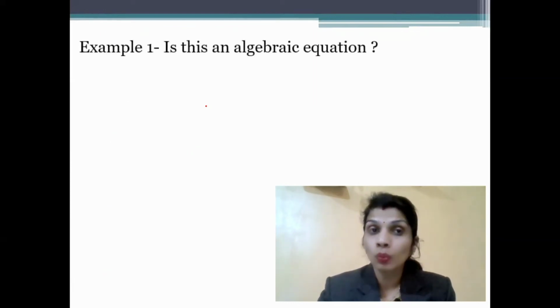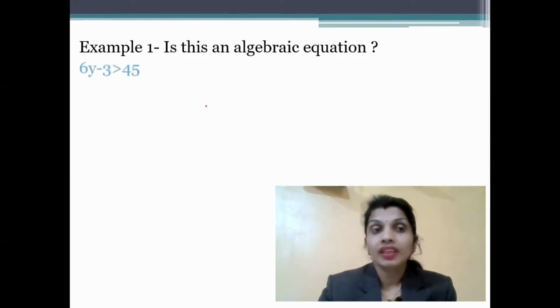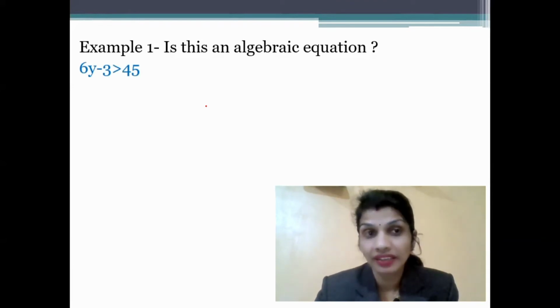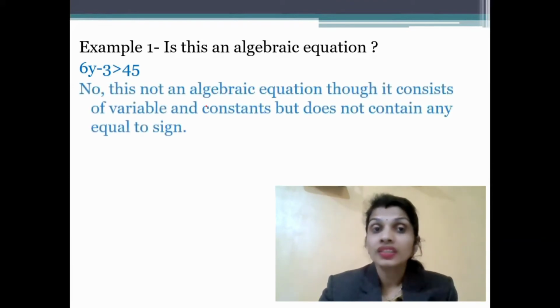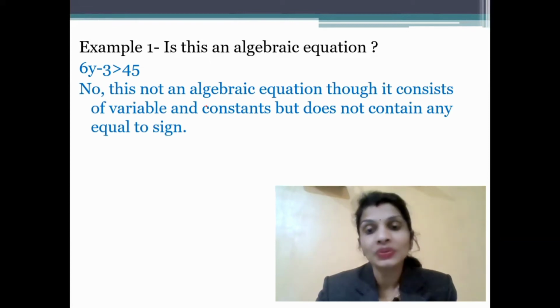Now, example 1. Tell me, is this an algebraic equation? I told you in an algebraic equation, there should be a variable and an equal to sign, and the left hand side should satisfy the right hand side. 65 minus 3 is greater than 45. No, this is not an algebraic equation, though it consists of variable and constant, because it does not contain any equal to sign.